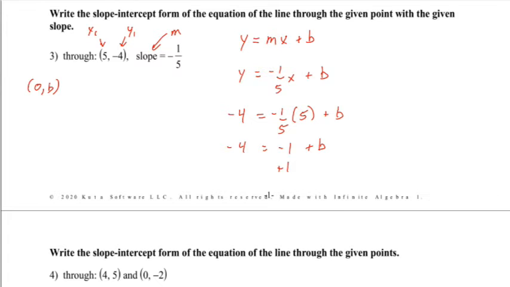We're going to add 1 to both sides, and we get b is equal to minus 3. Now we have our slope value that's been given to us, and we have just found our b value, and we can rewrite this. Y is equal to minus 1/5 x minus 3.